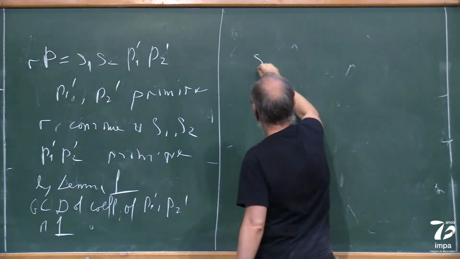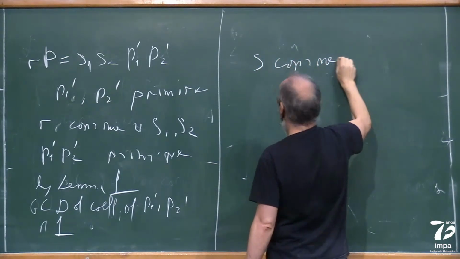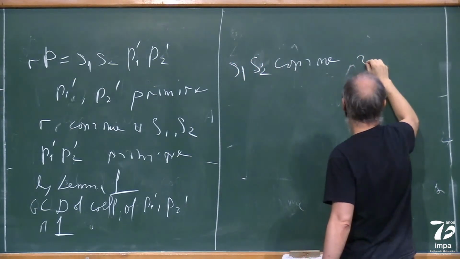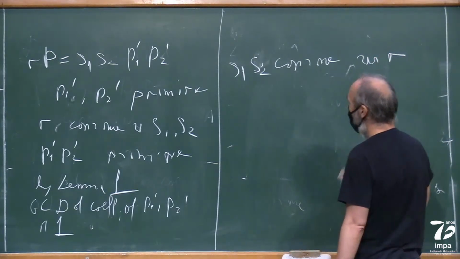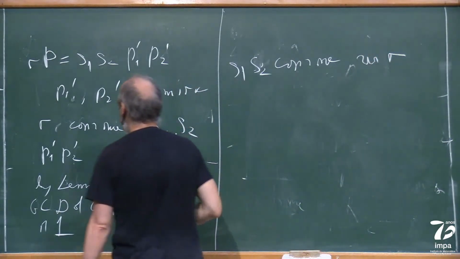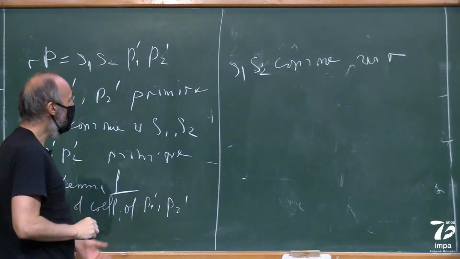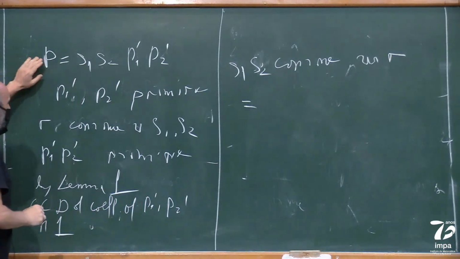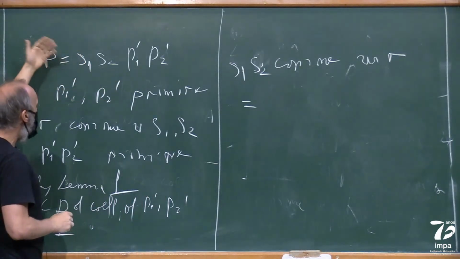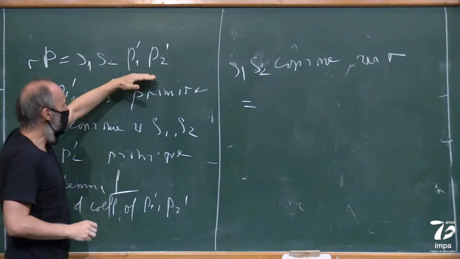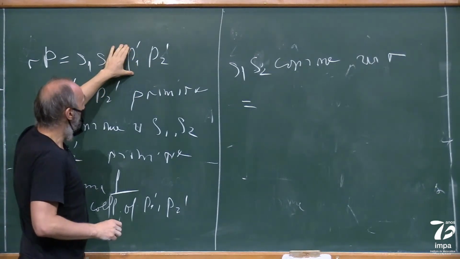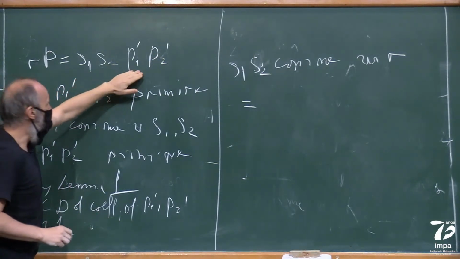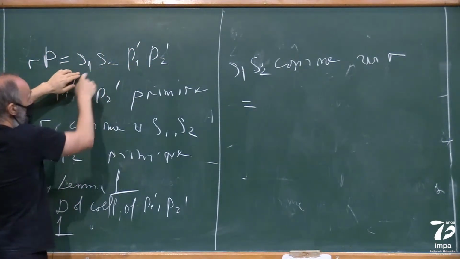This product is primitive, so the common divisors of the coefficients of this polynomial are 1, while the common divisors of this product are S1 and S2.